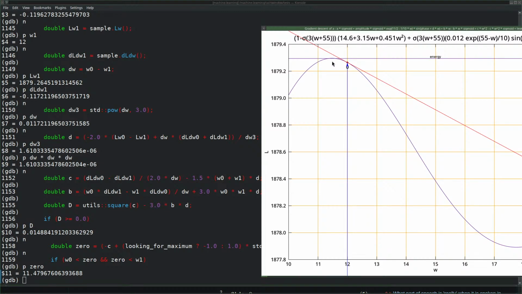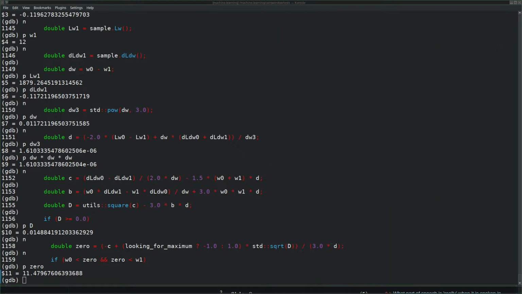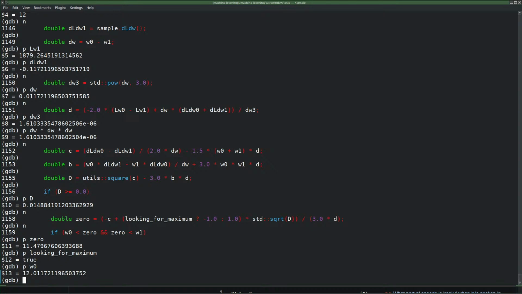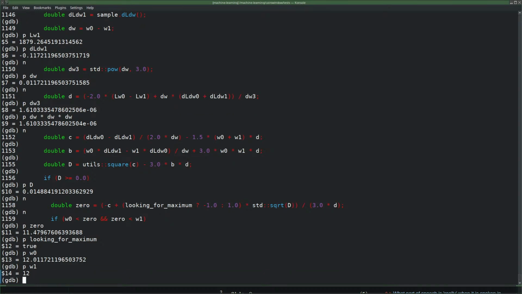That's where the maximum is, because we are looking for a maximum. And that is totally not in between W0 and W1. Oh, this fails because W0 is not less than W1. Ha ha ha. Okay.